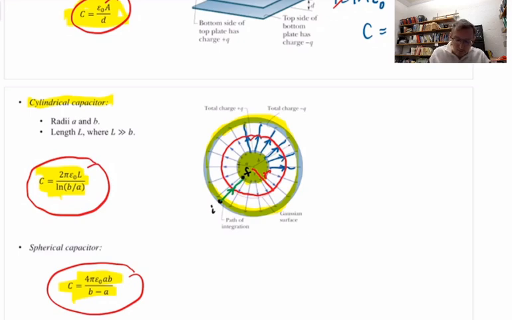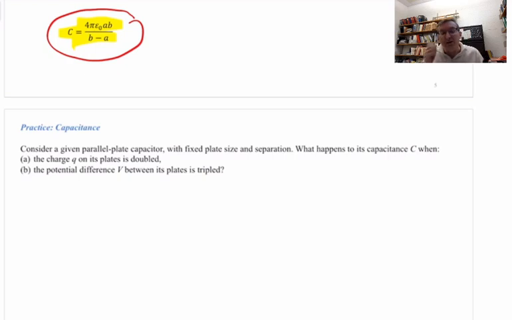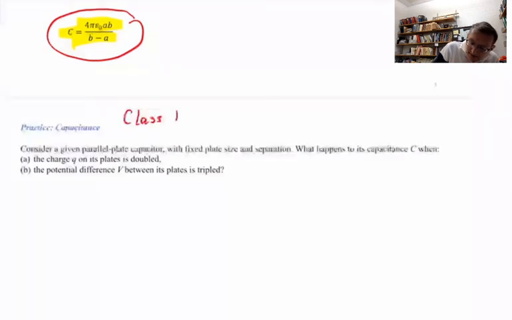Okay, so we'll be talking about capacitance in the class on Monday. So let me just leave you today with a class engagement exercise on Blackboard. And it goes like this.